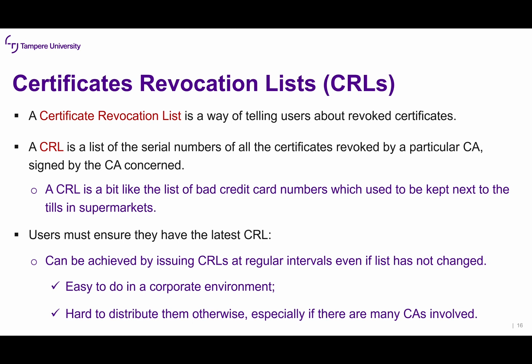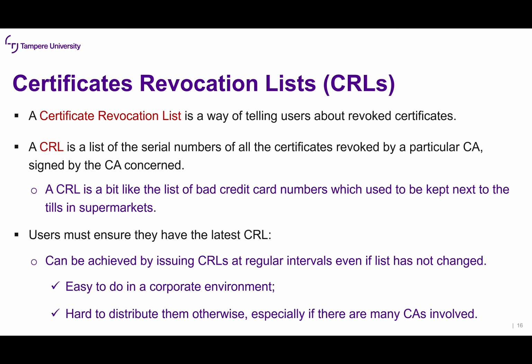One clearly need not include in this the serial numbers of certificates which have passed their expiry date. Users must then ensure they have the latest CRL. This can be achieved by issuing CRLs at regular intervals, even if the list has not changed.